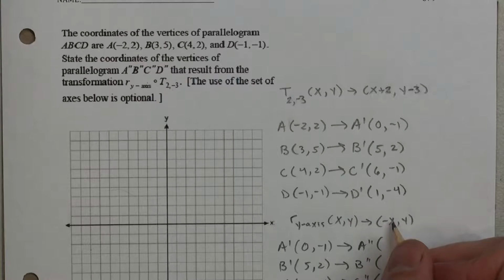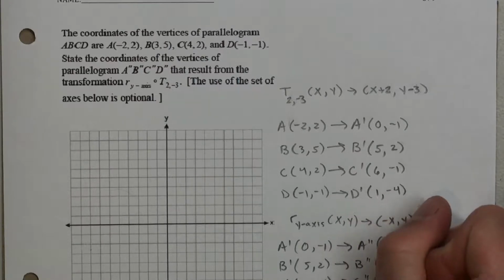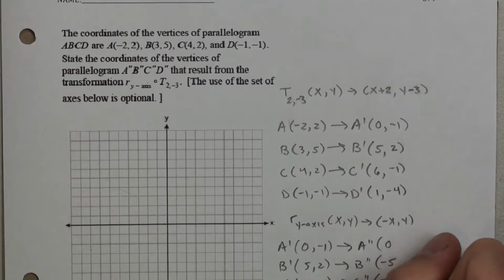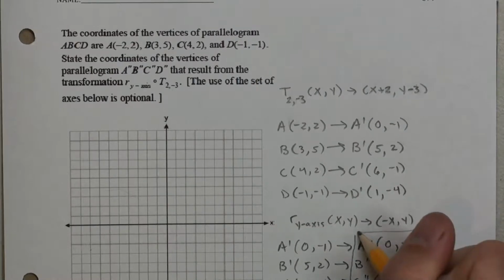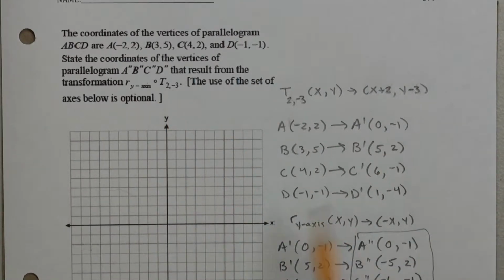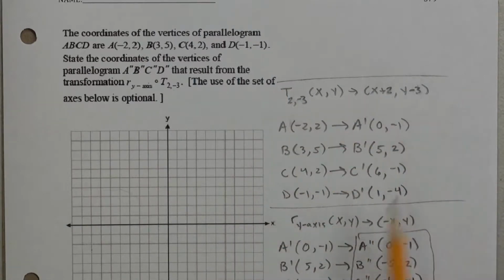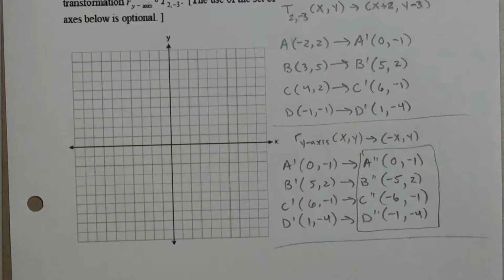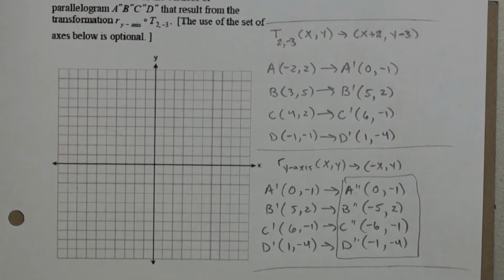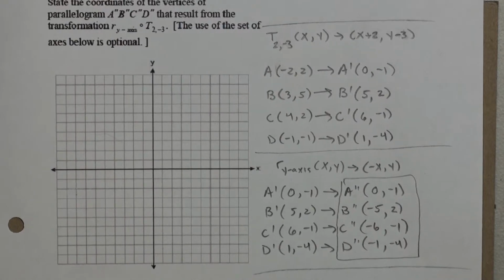So I'm going to change the sign of x and leave y alone. 0, negative 5, negative 6, negative 1, negative 1, 2, negative 1, negative 4. Okay, so state the coordinates that result. These are the final coordinates. And we did the translation first. There you have it. We didn't need the graph. If you want to use the graph, on the regions, of course, you use the graph, just to double check your answers.